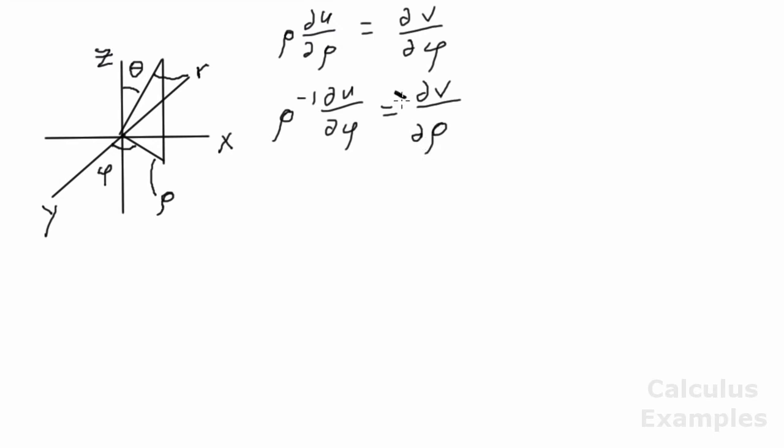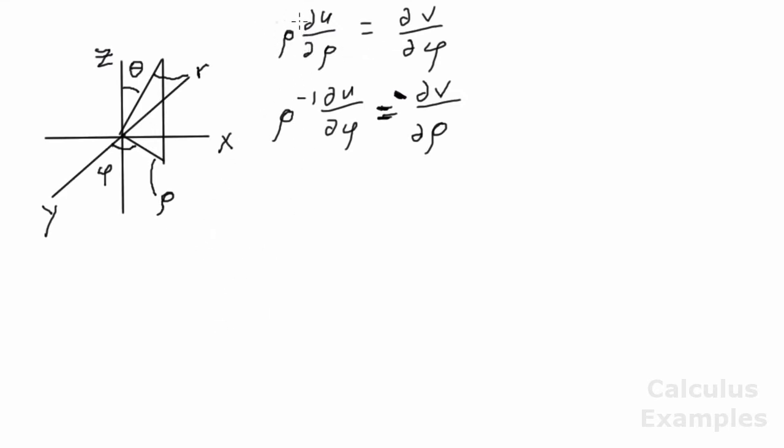This was negative. Don't lose track of your negative signs, please. It's a real pain to backtrack. So we're going to proceed in the exact same way as we did before. For equation 1, we're going to take the partial derivative with respect to, I believe, rho. So let's do that first.